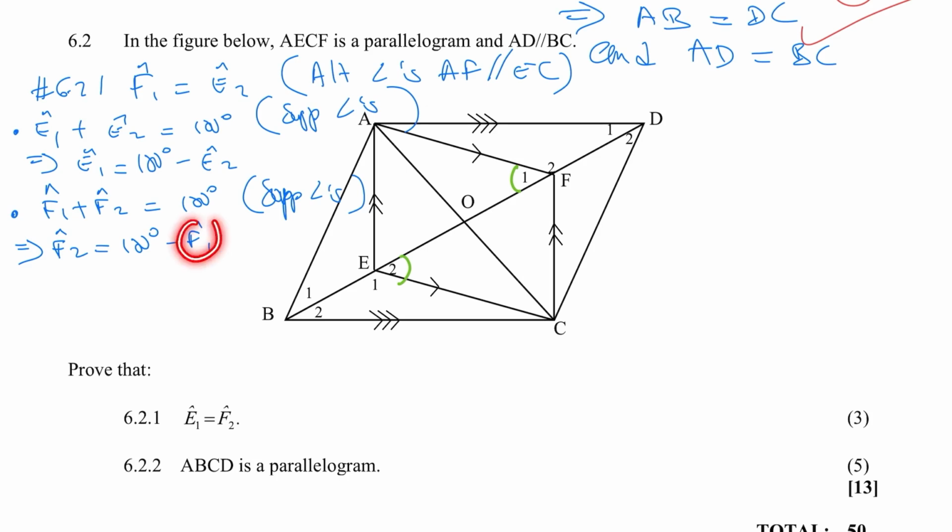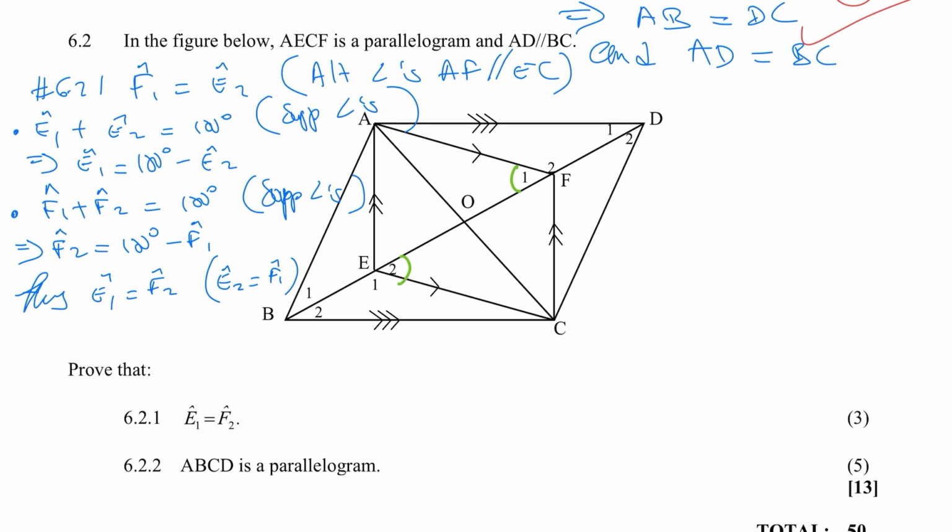Now, F1 and E2 are equal. So meaning E1 and F2 are equal, right? So therefore, thus, angle E1 is equal to angle F2. Why? Because angle E2 is equal to angle F1.